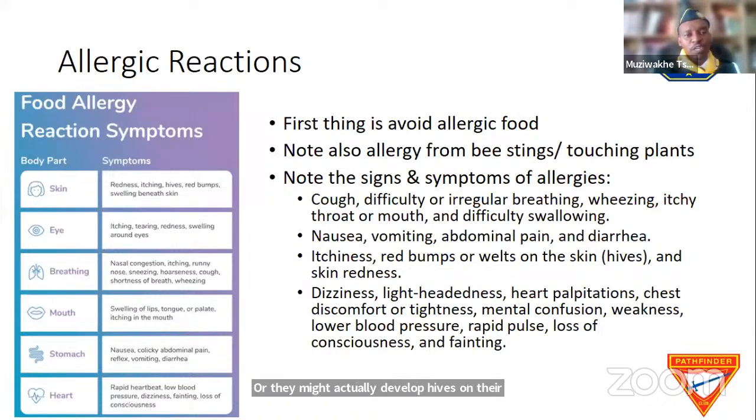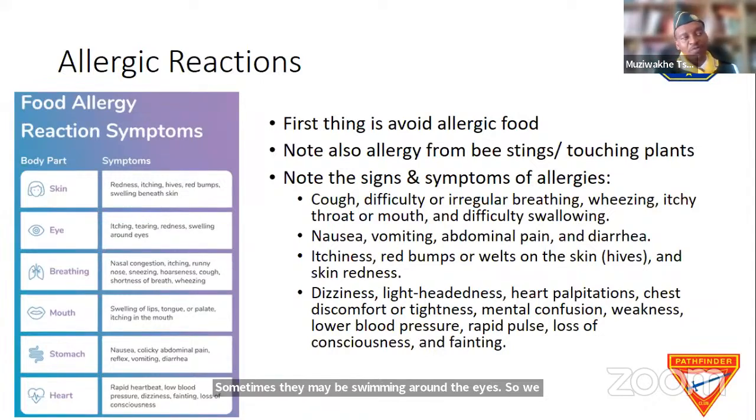They may also have red bumps. They may present with swelling beneath the skin. We need to be aware of that. The other one is the eyes. They might be rubbing their eyes consistently or complaining of itchiness in their eyes. They may have teariness in their eyes. Their eyes may be red. Sometimes there may be swelling around the eyes. So we need to be aware of that.